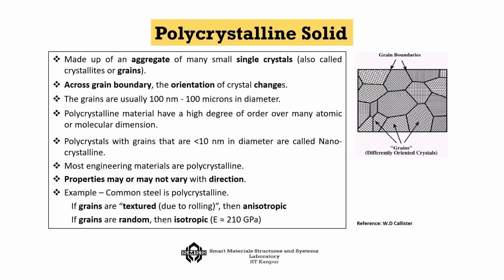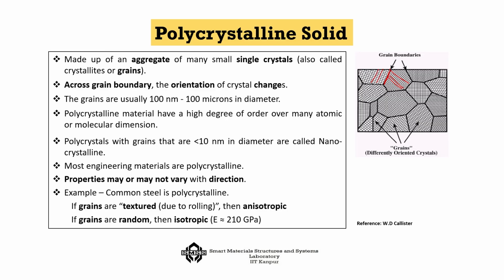Now, naturally polycrystalline solids are desirable in certain cases, and in this case it will be an aggregate of many single crystals, and each is defined by its typical grain boundaries, as you can see here. Here these are the crystal arrangement directions, whereas here the crystal arrangement direction is something else.